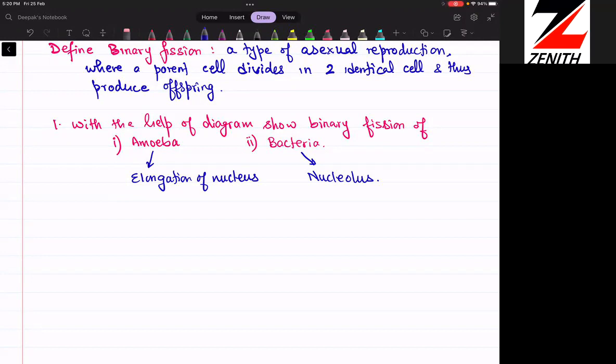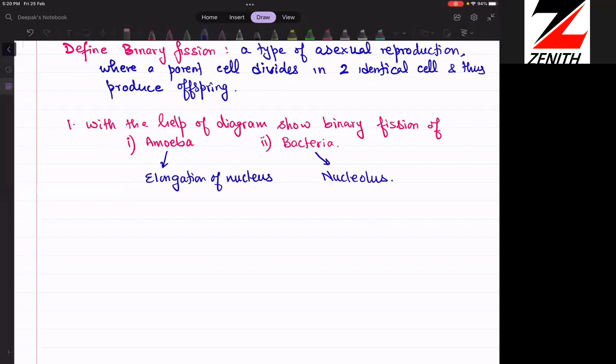Few students tend to show nucleus in bacteria also and then they lose marks. Agreed on this? Yes, sir.